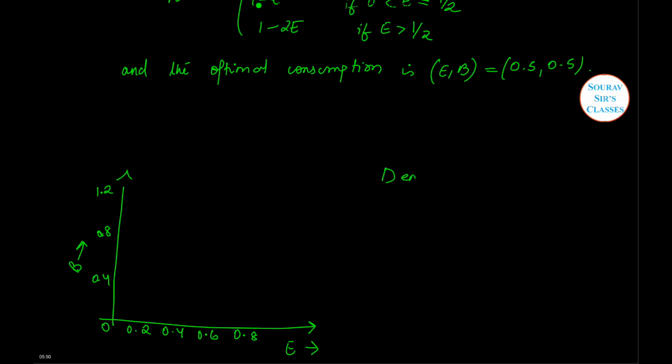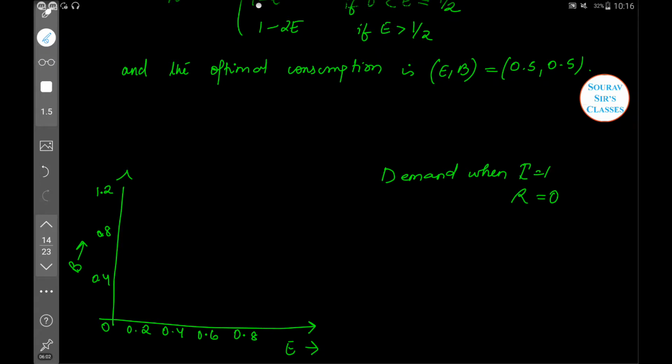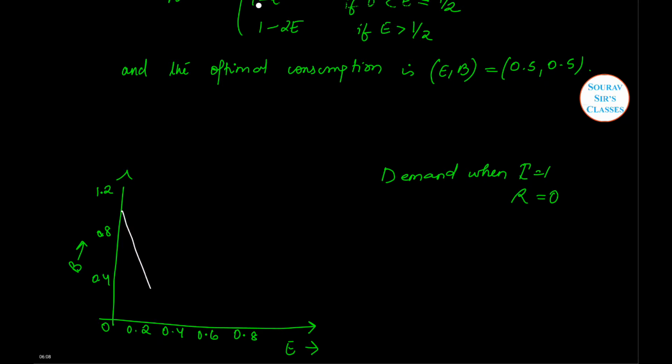Here we want to find out the demand when income is equal to 1 and the rate is given to be 0. So let me change the color and first draw the ICs. The ICs will look like this, parallel lines.